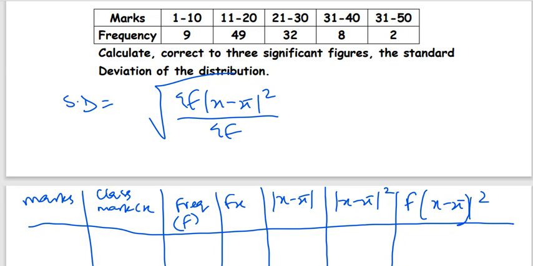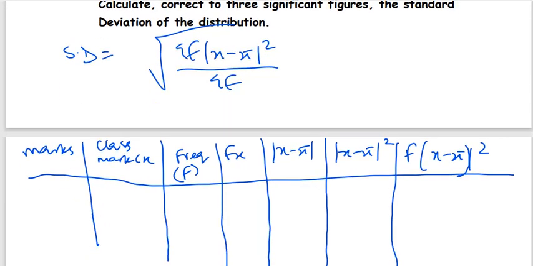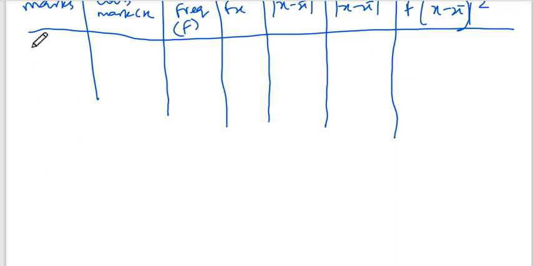So 1 to 10, 11 to 20, 21 to 30, 31 to 40, then 41 to 50. Okay, we are stopping at 50. Okay, that's good.